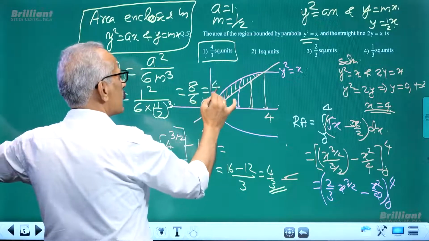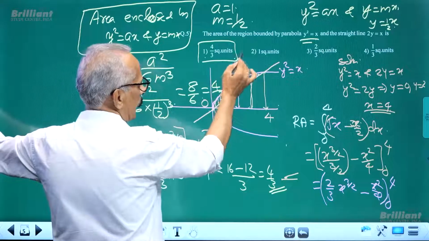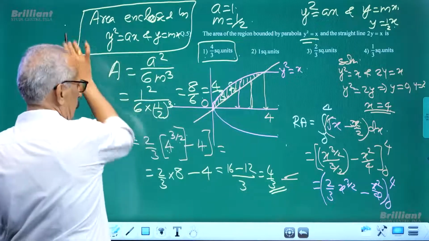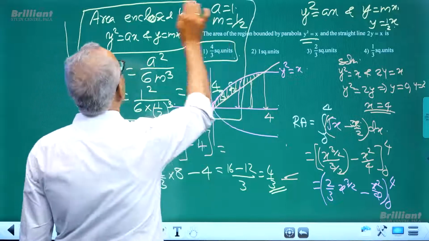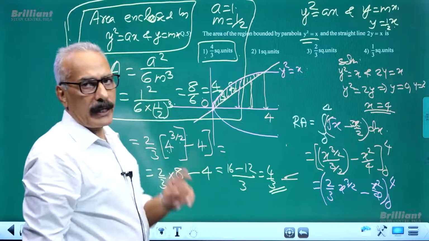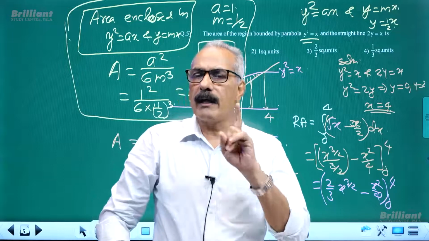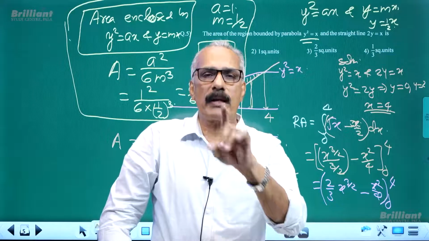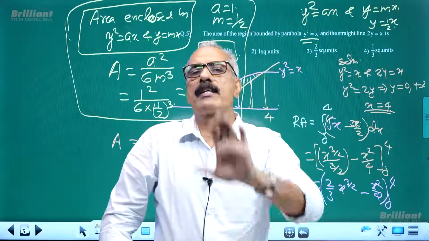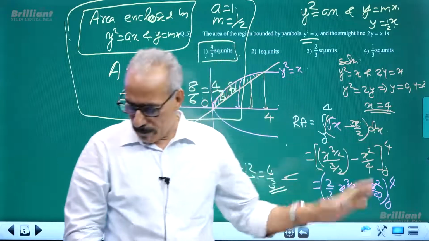What is 8 divided by 6? 4 by 3 square units. That is a secret tip. Keep in mind, once again, I have not taken the parabola y square is equal to 4x. 4a is taken as a, y square is equal to ax and y is equal to mx.